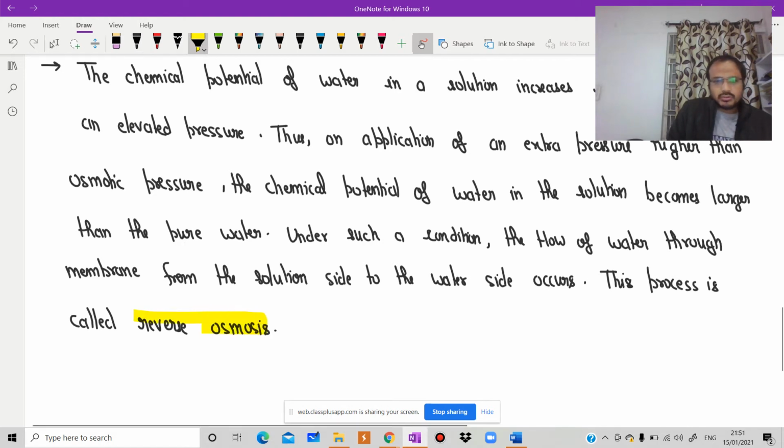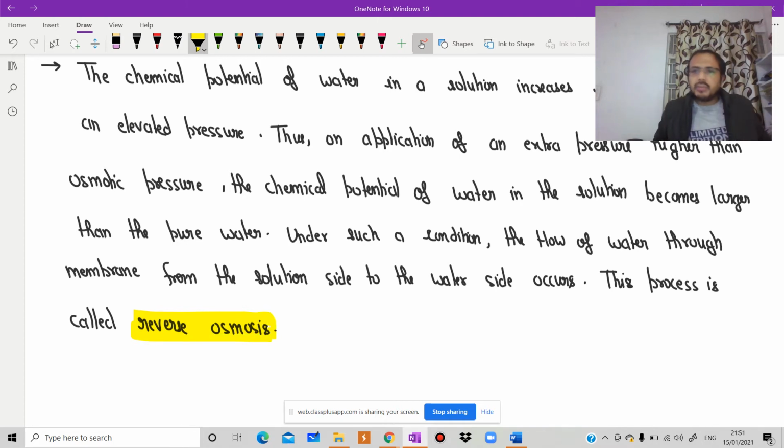So all these three processes should be clear to each and every student: osmosis, osmotic equilibrium, and reverse osmosis.